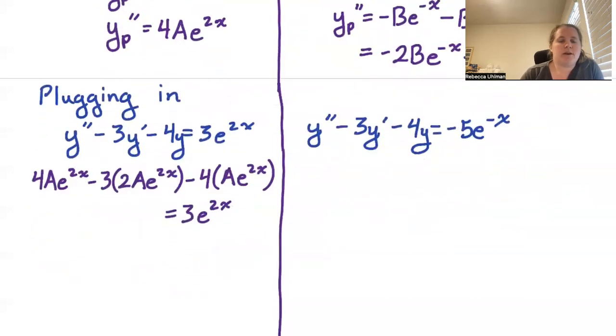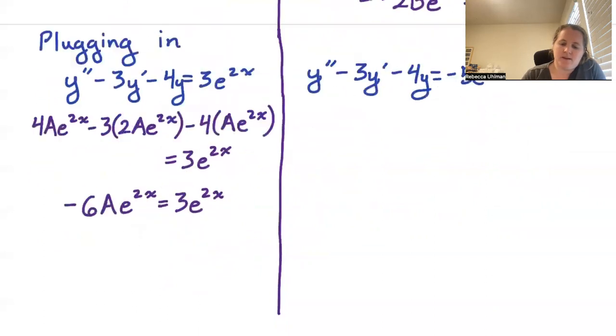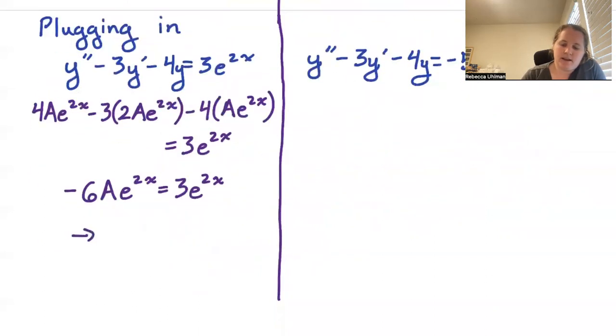So we have got a 4a minus 6a minus 4a becomes a negative 6a e to the 2x equals 3e to the 2x. And this means that a must equal negative 1/2. So we get a particular solution on the left of negative 1/2 e to the 2x.